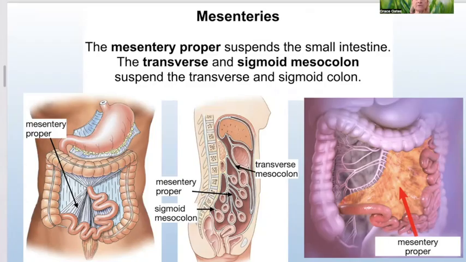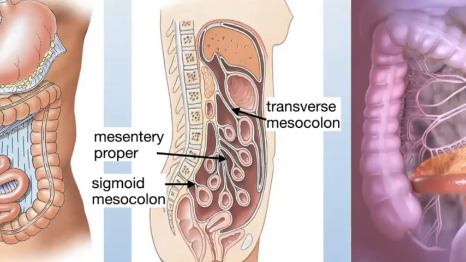And you can look at these pictures and see the many examples that I have given to help you understand the mesenteries and their location. In the central panel, we're seeing the mesentery proper and a loop of small bowel hanging from it. We're seeing the transverse mesocolon because that's the transverse colon just under the stomach in this sagittal section here.